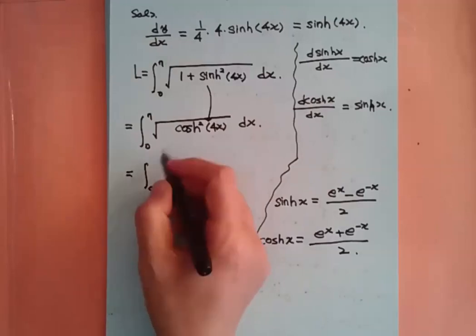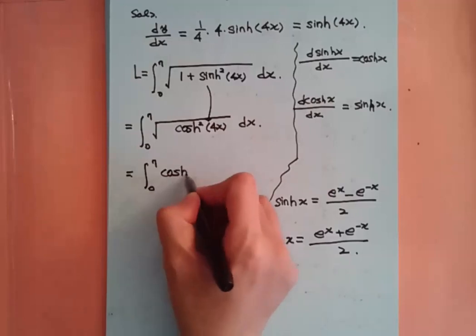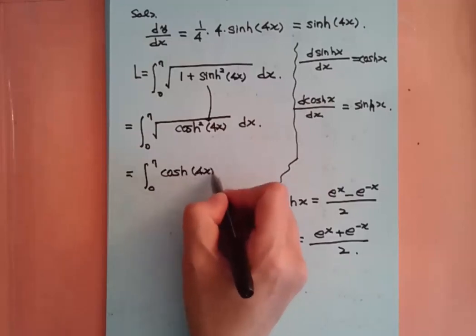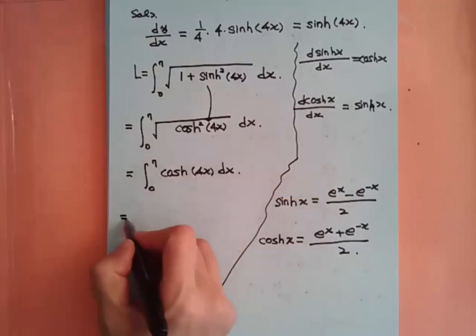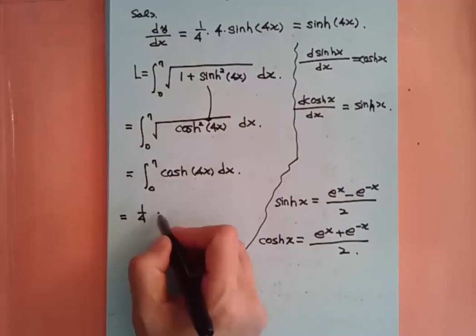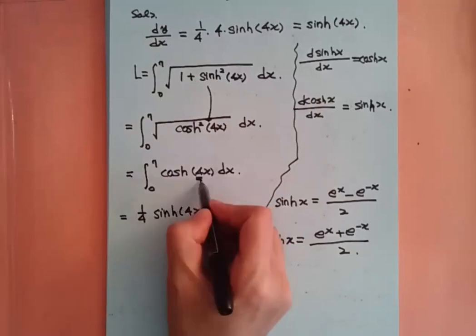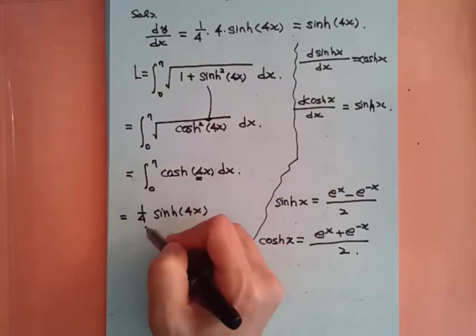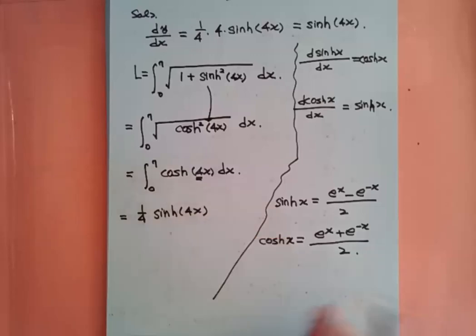So integration 0 to 7 hyperbolic cosine of 4x dx. When you integrate, that is 1 over 4 hyperbolic sine of 4x. I have to divide by this number when we do integration, as we have been doing with a substitution.